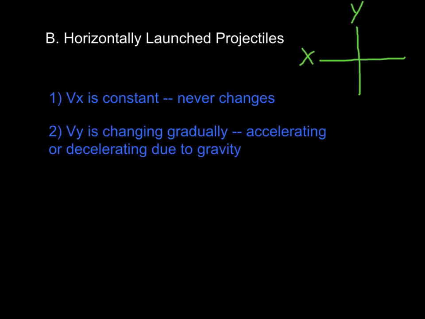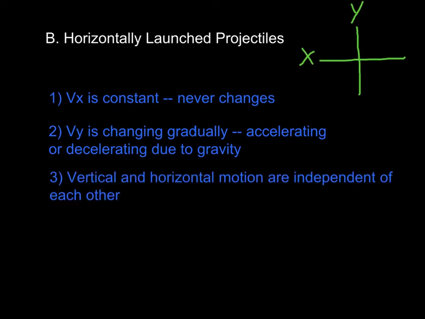The next thing that we can describe about a projectile's motion is the velocity in the vertical direction or in the y direction. This direction is affected by gravity. So Vy, or velocity in the y direction, is gradually changing. That is because it's either accelerating or decelerating due to gravity.